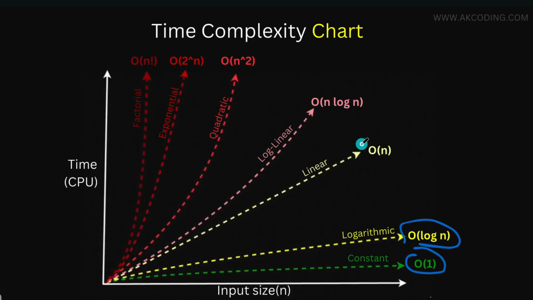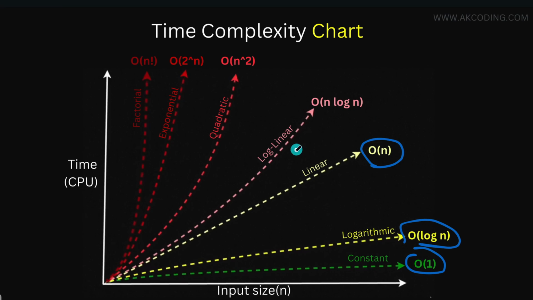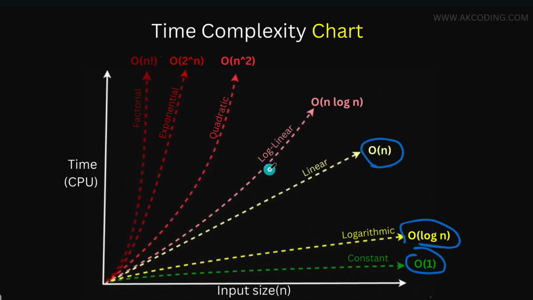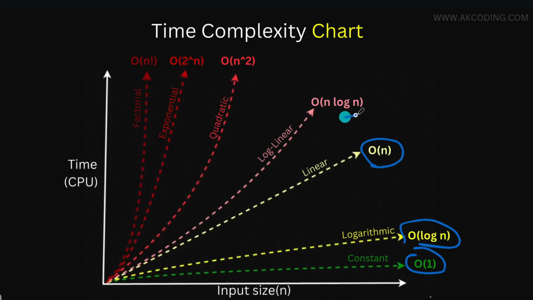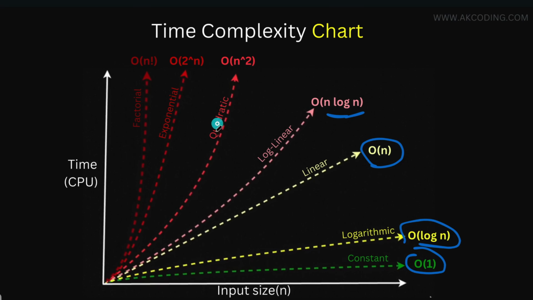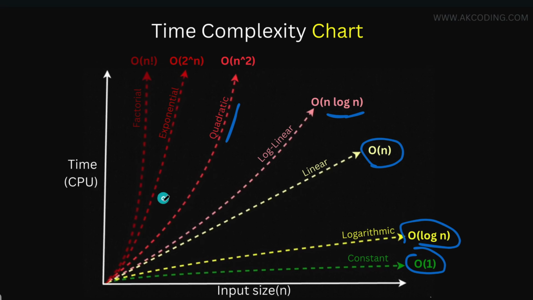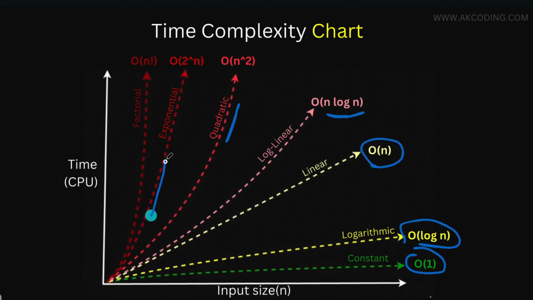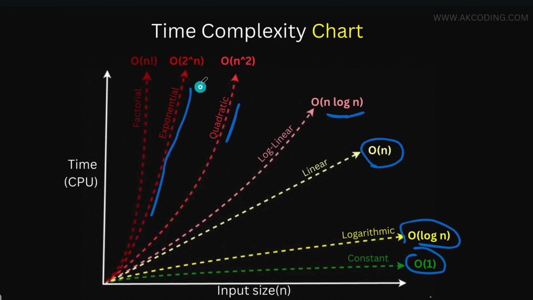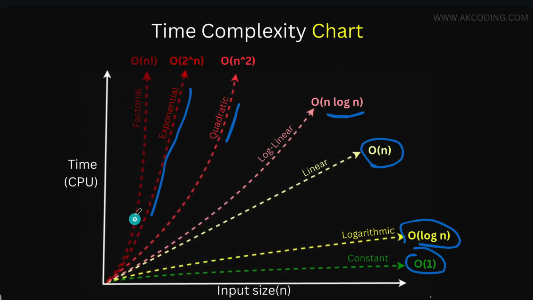This represents linear time, that is O of n. This chart represents log linear time, that is O of n log n. This represents quadratic time, that is O of n square. This chart represents exponential time, that is O of 2 power n. This is factorial time.